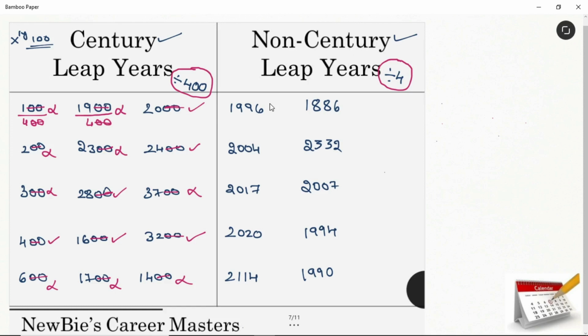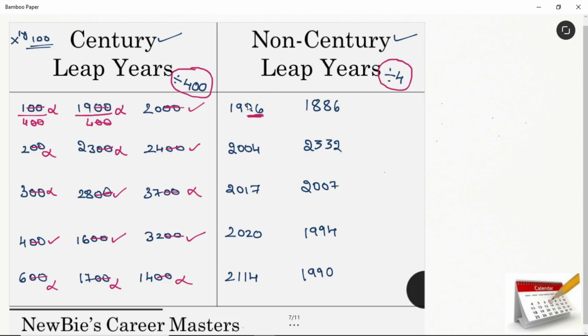For non-century years, you need to divide the value by 4. Clear? Dividing any value by 4 is a simple task. Take the last 2 numbers of that value. If those numbers are divisible by 4, then the complete number is divisible by 4. Simple. I'll take the number 1996 and check for the leap year.